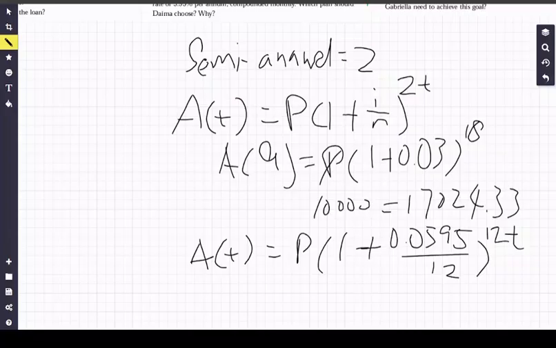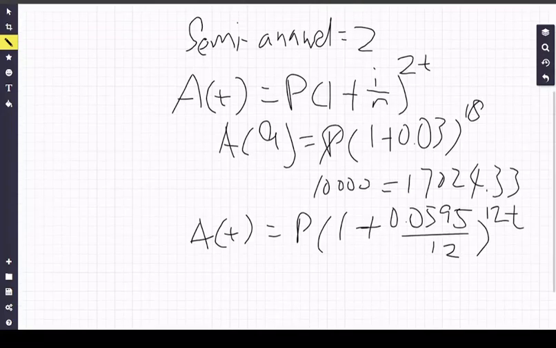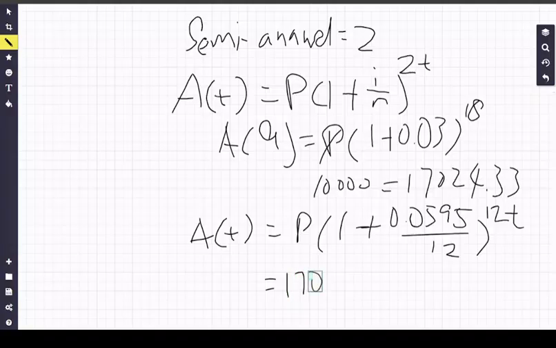I hope you can follow along just to see if I don't make any mistakes, because I do. Let's raise that to the 12 times 9 power times 10,000, and it's going to give us 17,060.